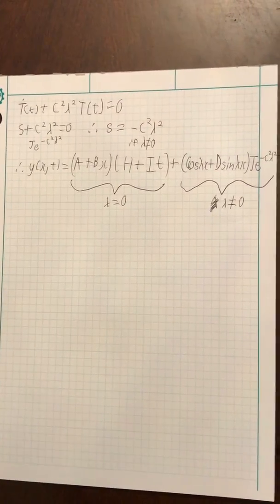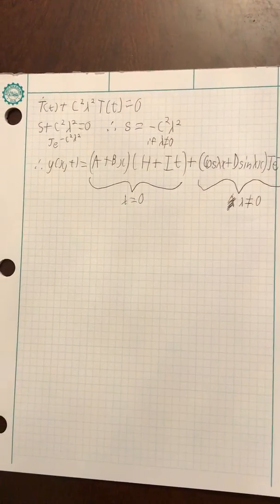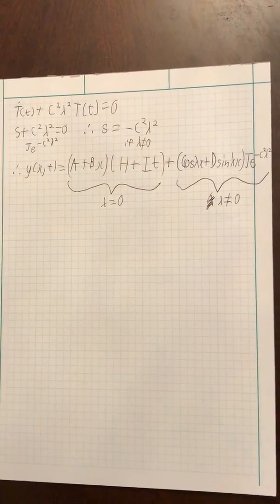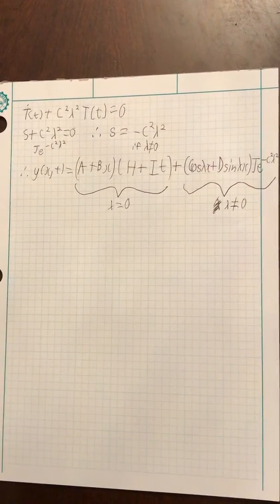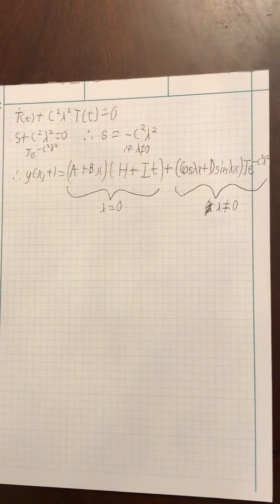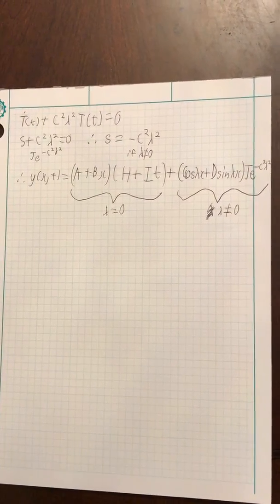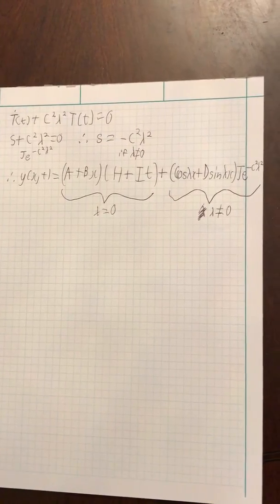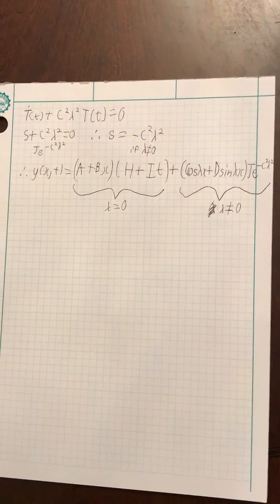Hi everybody, this is part 2 of my previous tutorial. It's about separation of variables, and last time we learned how to get to the general equation.